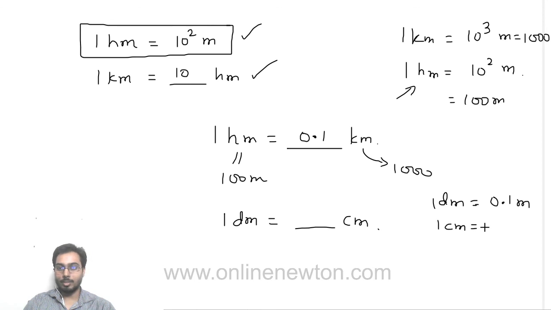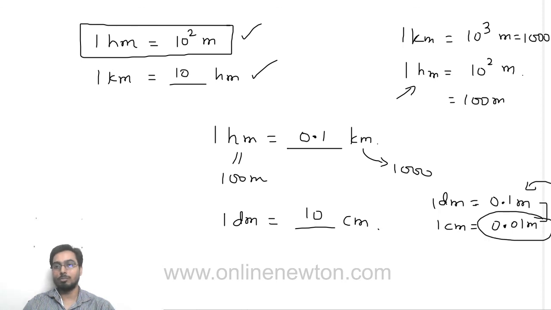So 1 centimeter is going to be 0.01 meter. Now relate them. How many centimeters would be contained in 1 decimeter? You can see it is 10, because if I multiply this by 10, you will get this much. That's it. So 10 centimeters is going to give me 1 decimeter, isn't it? Okay, thank you.